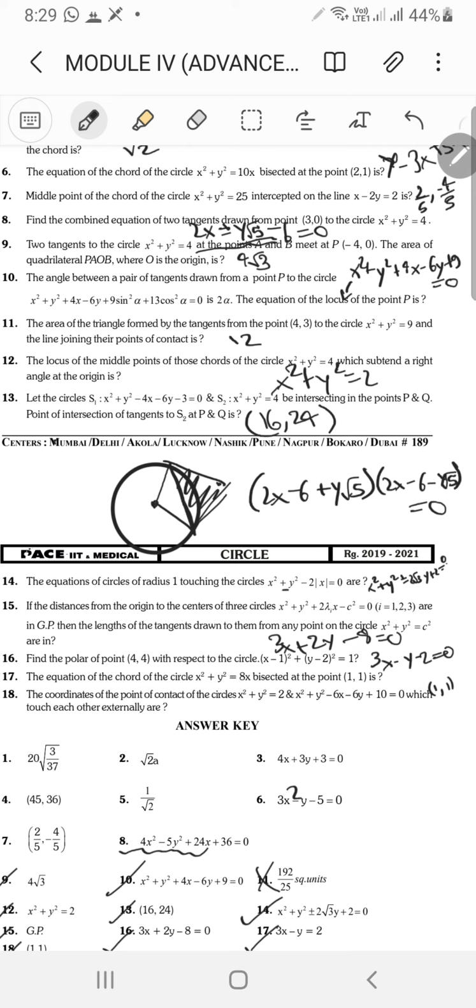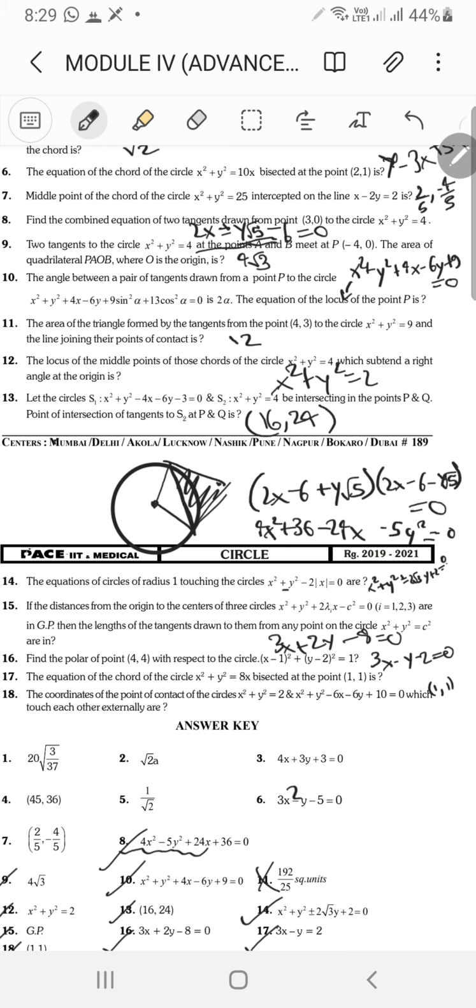I just hate it when people do this thing. Okay, so this thing squared is 4x squared plus 36 minus 24x, right? And then not plus, this should be minus 5y squared equal to 0, which is correct. That's what we got.